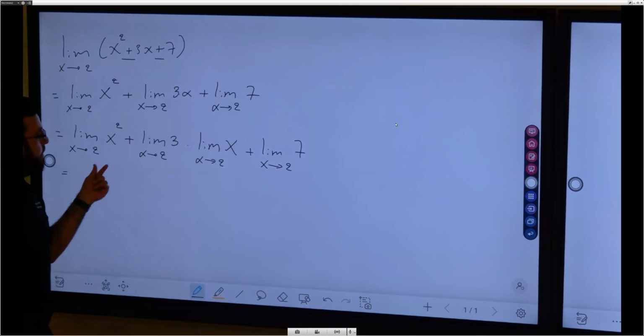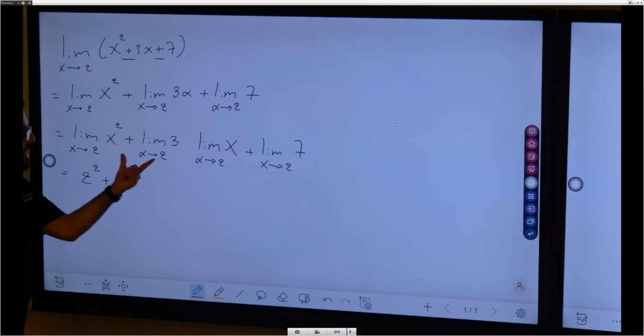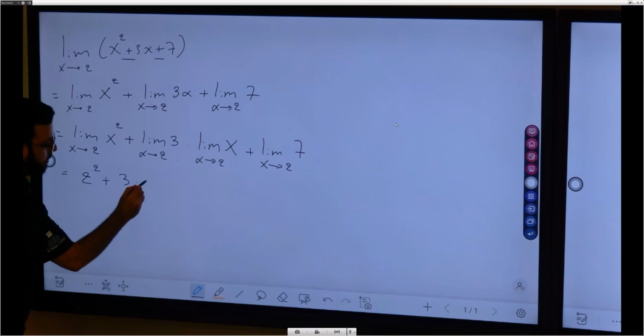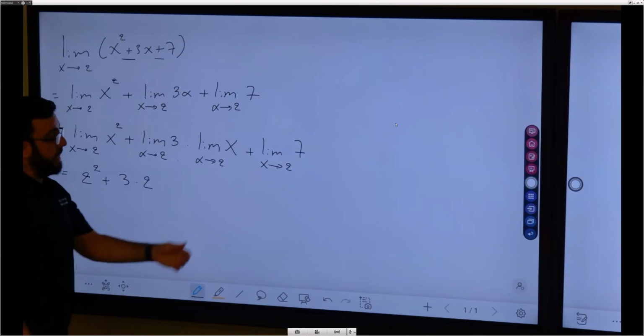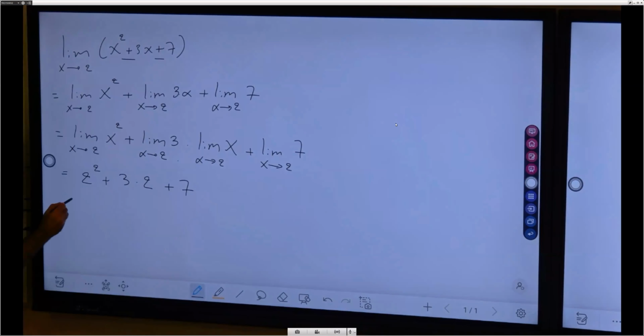Now, the limit for x, you're just gonna plug in the number here, yes or no? So it's gonna be 2 squared plus the limit for constant is constant, that's me here, it's the 3. The limit for x, plug in the 2 here, so it's going to be times 2. The limit for constant is going to be constant, so plus 7. Then it's going to be 4 plus 6 plus 7, and how much the result? 17.